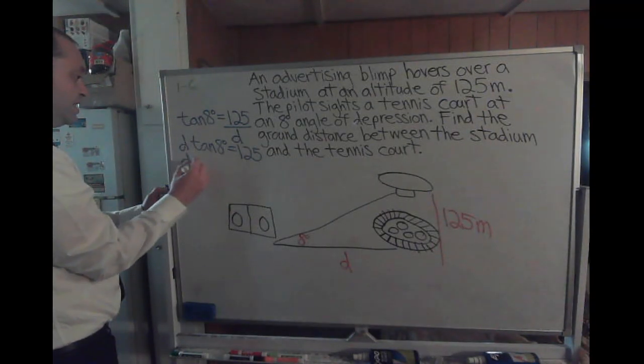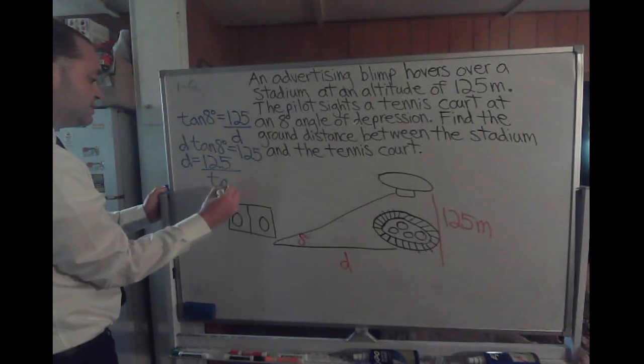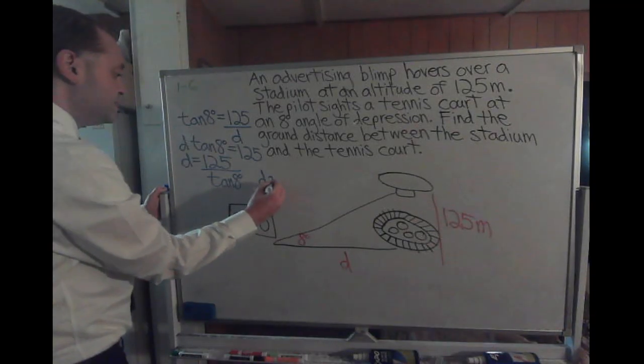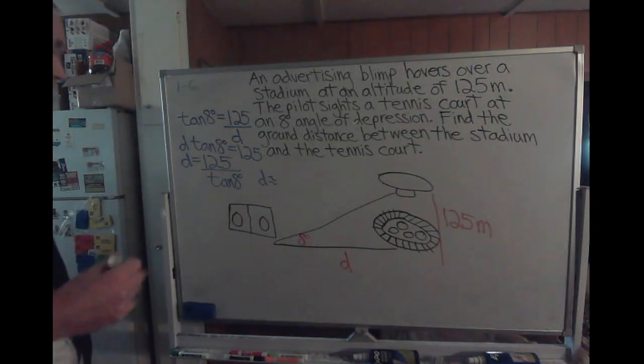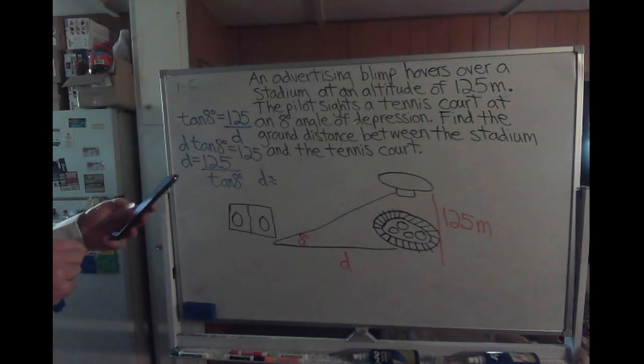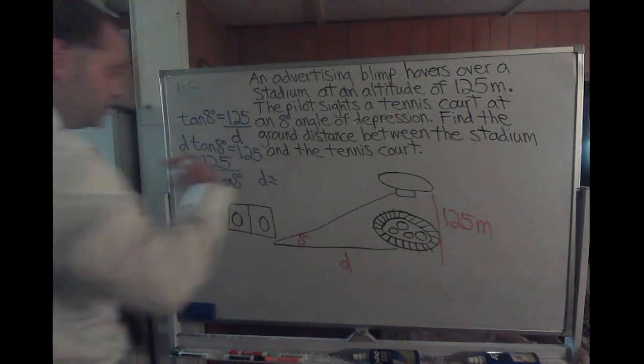So then the distance equals 125 over the tangent of 8 degrees, which then will get an approximate distance here to the nearest integer once we put that in. But keep in mind, keep your answers in degree mode. All right, 125 divided by the tangent of 8 degrees. It is about 889 meters away.